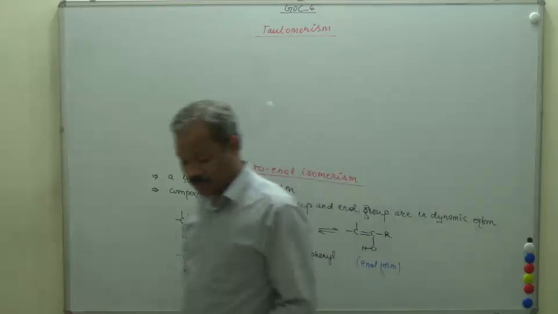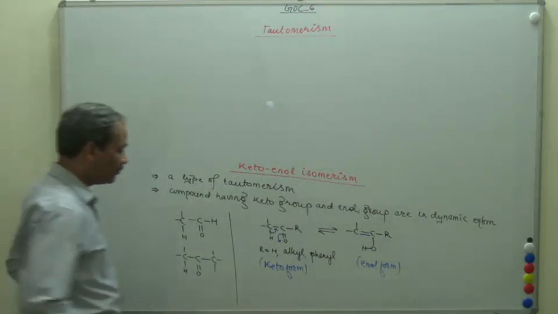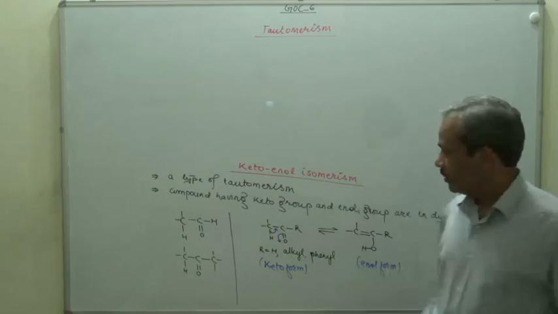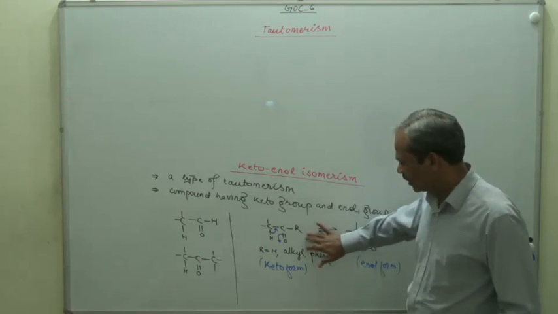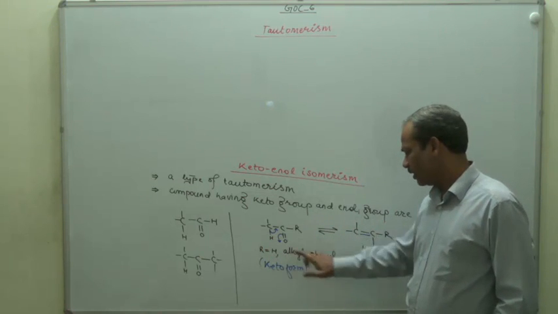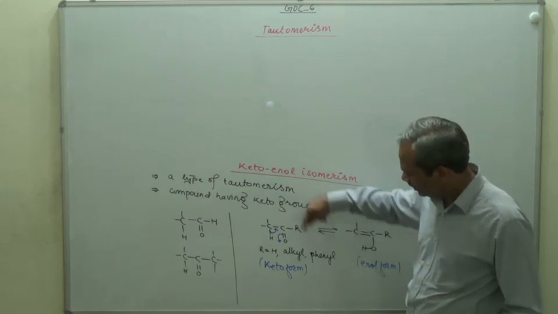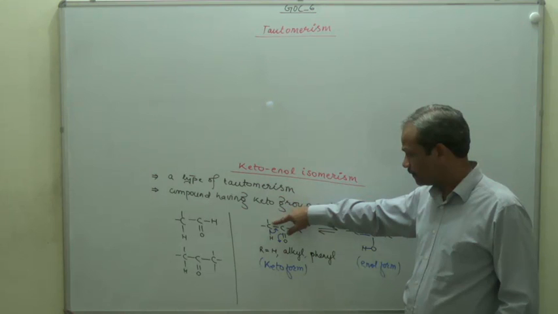So remember that any compound in which ketonic form is in dynamic equilibrium with enolic form is called as keto-enol isomerism. So any compound having this type of structure representation where R is either hydrogen or alkyl or phenyl. Remember that this carbon atom should be sp3 hybridized carbon atom.